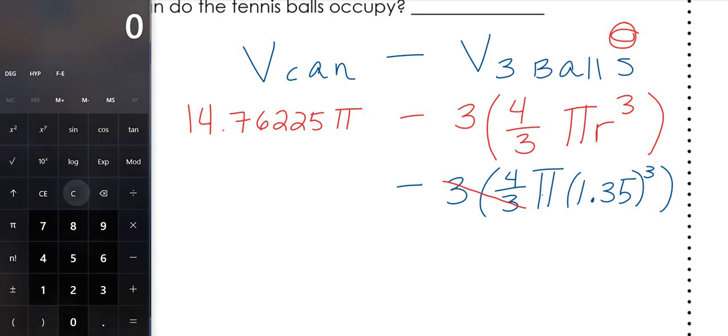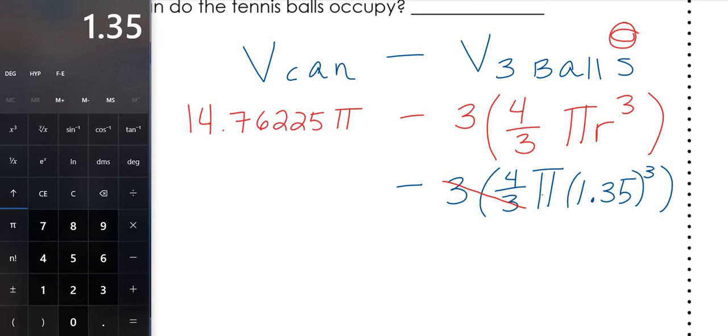So let me start with the 1.35 to the 3rd power. Go to my calculator. For most of you, it's right above the 1 button, but you have to activate it. So you have to click second and then 1, and it's going to activate x to the 3rd power. For me, I have a different type of calculator, so I have to click second as well, but then I see the x to the 3rd pop up on the top left.